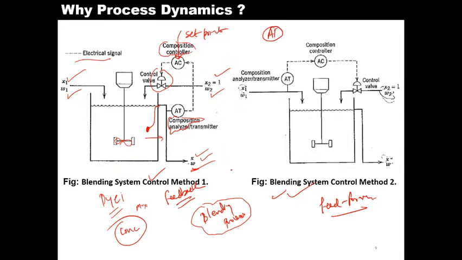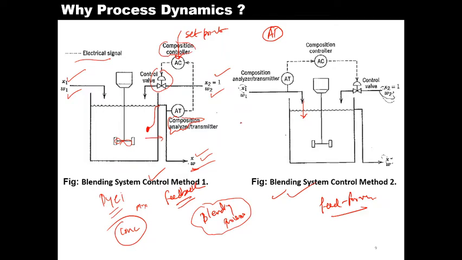Now in feed forward control, in the second type of arrangement, we are not bothered about, or not going to control, the product side. We are not measuring the output, the concentration of the product. What we are going to do in the second arrangement is just measure the disturbance, whatever is coming into the system.